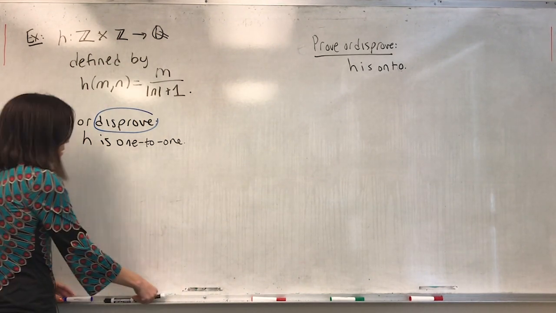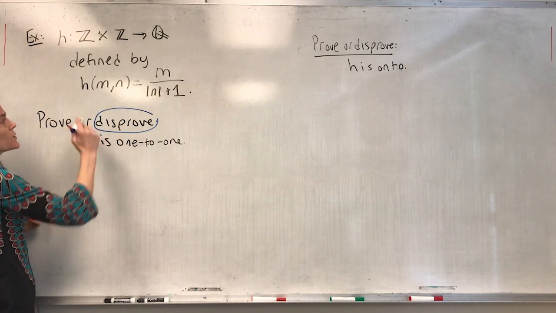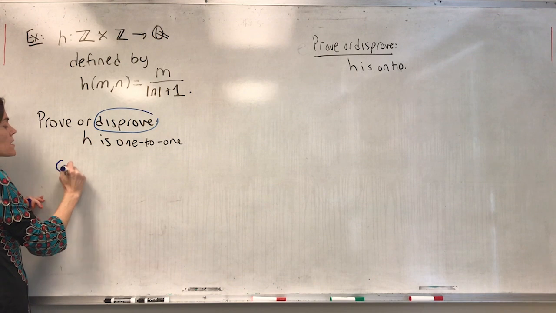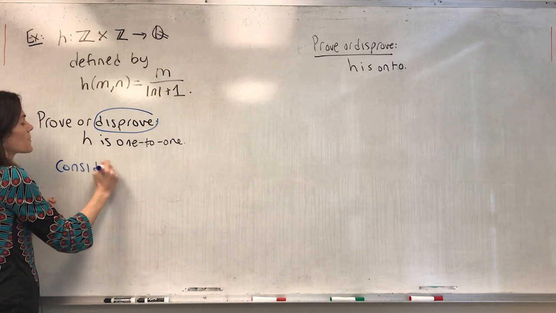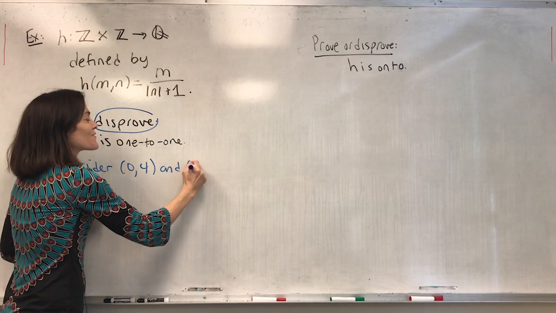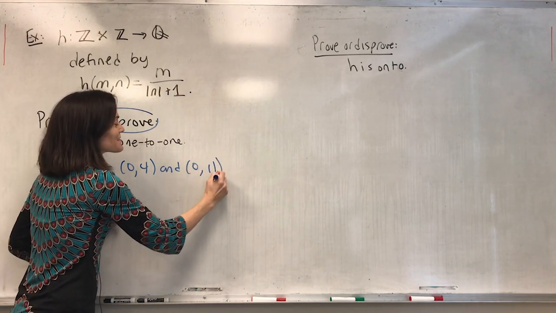Okay, so here we go. This is a disprove, and I will use two different elements that have 0 in the numerator. I'll just say consider (0, 4) and (0, 11). Doesn't really matter.